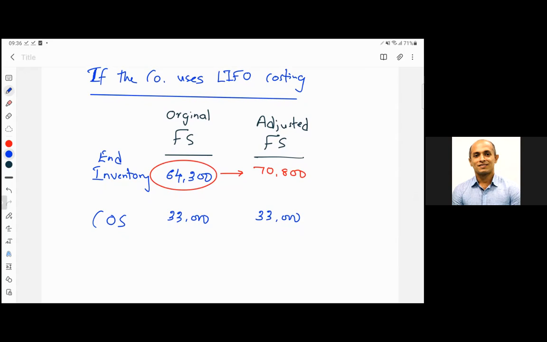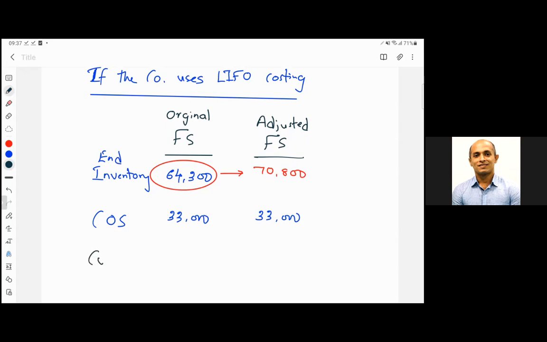Right. Now you see, you are using inventory value to calculate current ratio. So if you are using original financial statement without adjusting that effect, what happens is inventory value is lower.